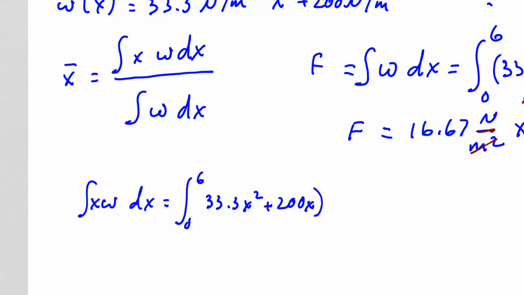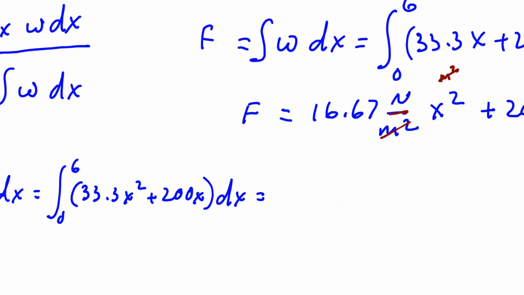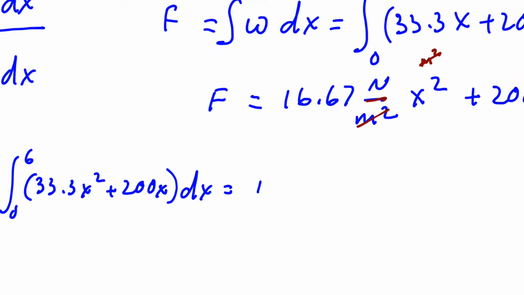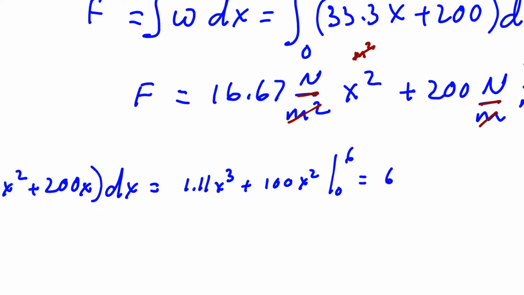I've already distributed that x in dx, and if we do a quick integration of this, that ends up being 1.11x cubed plus 100x squared, evaluated between 0 and 6. This ends up being 6,000 newton meters.